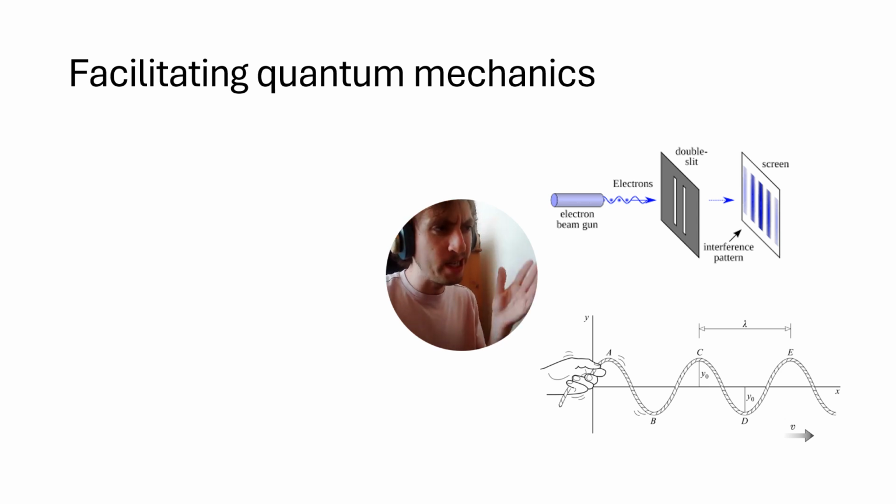And it's this repeated pattern of bright lines and darker lines which tells you that interference has occurred, and for that you would need the object that has passed through the double slits to have diffracted and interfered in a wave-like way.